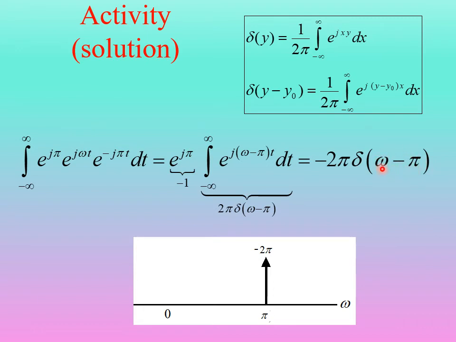So you could call this a spectrum of whatever this represents. It is a delta function sitting at omega equal to pi, and the weight of the delta function is -2 pi. I've put that up here. You could also draw this pointing down with a weight of 2 pi.